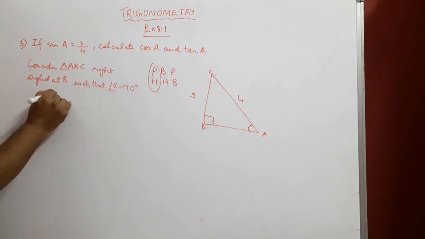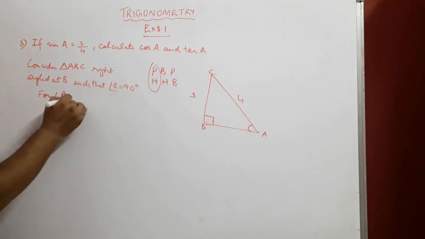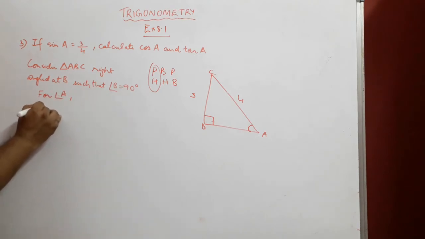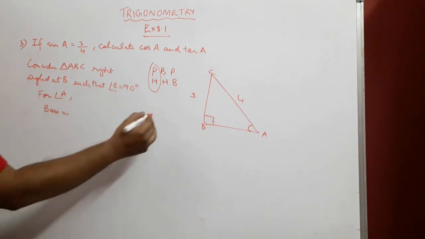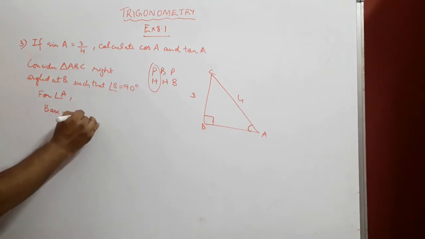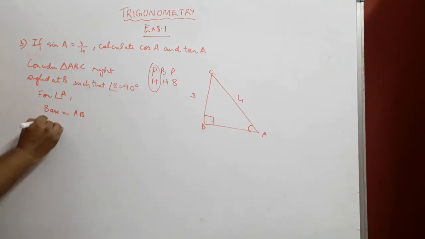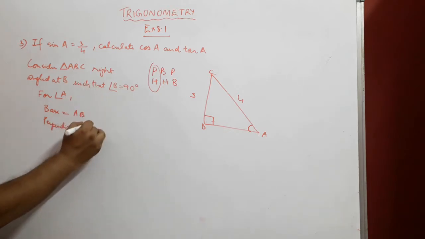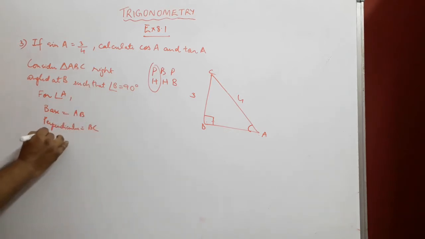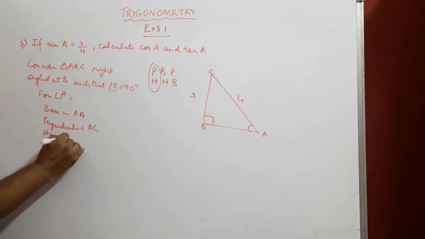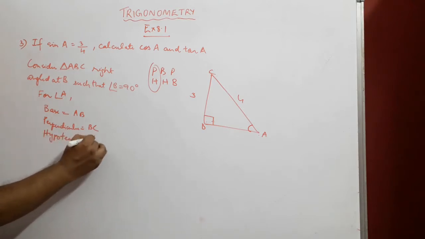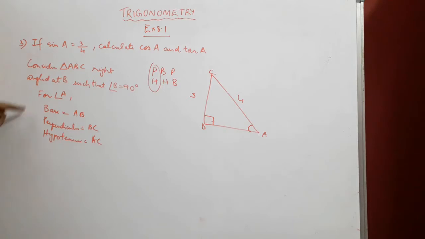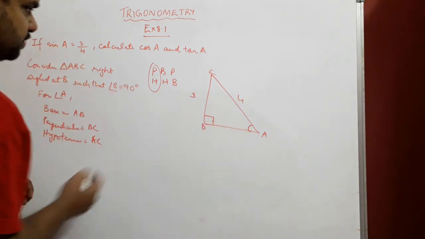For angle A, the base will be AB, our perpendicular will be BC, and our hypotenuse will be AC. Got it? So that is our 3, 4, and we need to find out AB. We do not know what AB is.